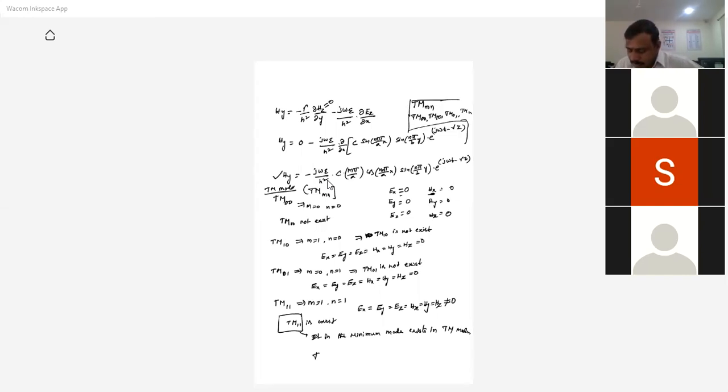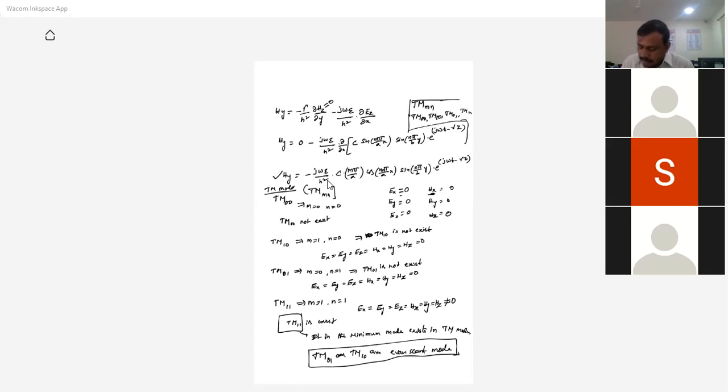You can write that TM01 and TM10 are evanescent modes. So these modes are not existing in the rectangular waveguide.